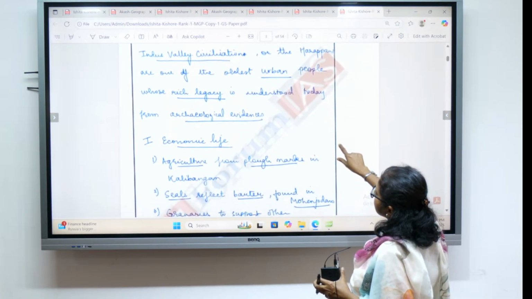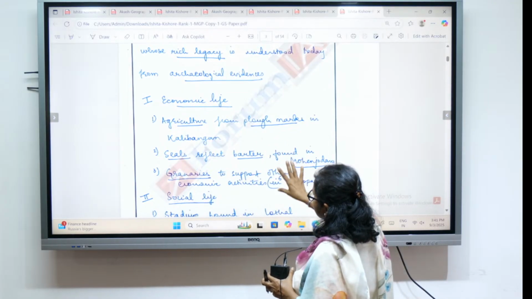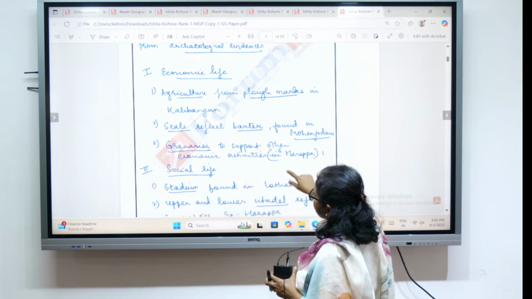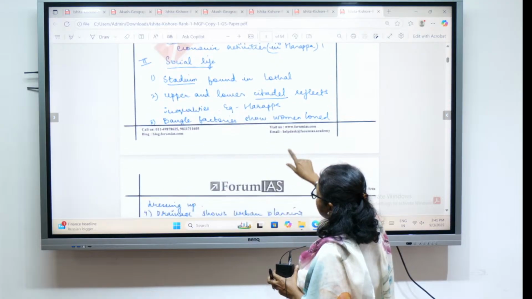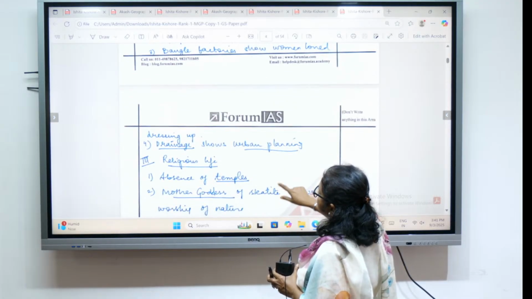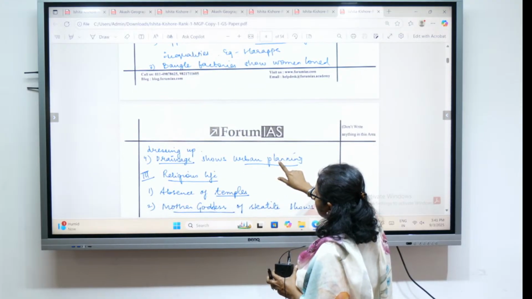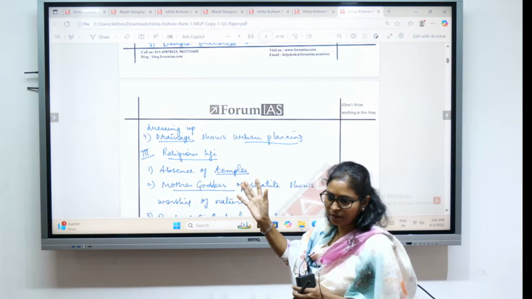Then the body part. You see, she has written 1, economic life, and mentioned sub-points 1, 2, 3. Then social life, with sub-points 1, 2, 3, 4. Not too much explanation, just a points format.